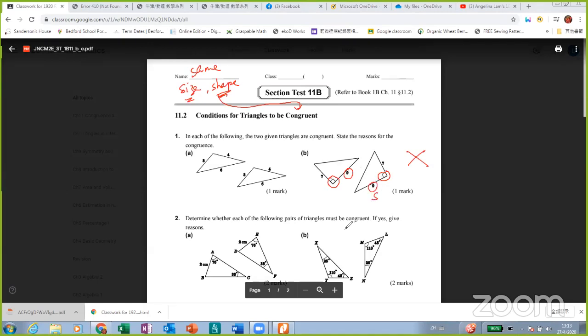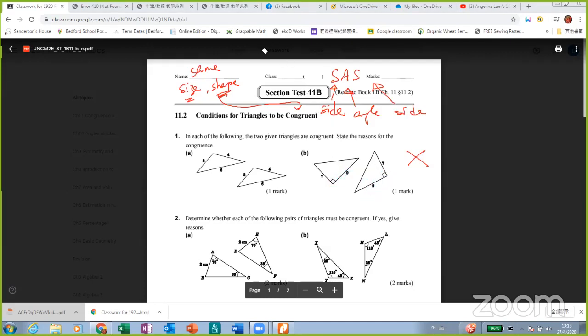Okay, S. And then when you write the reason, you have to know the meaning of this. It means I know the side, I know the angle, and then I know the side. And then it needs to follow a sequence.